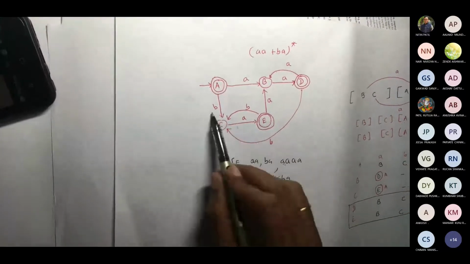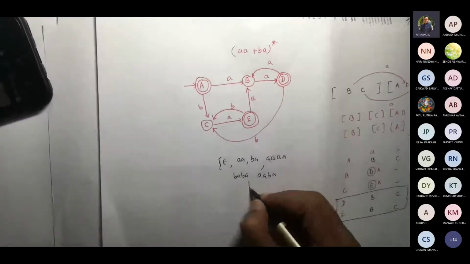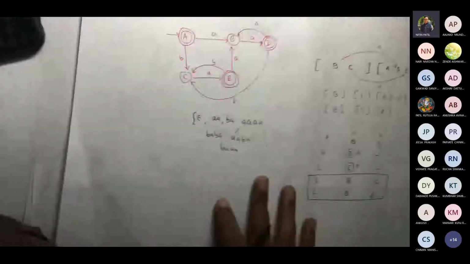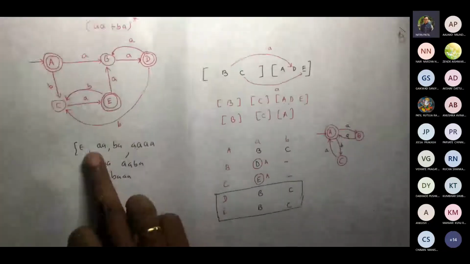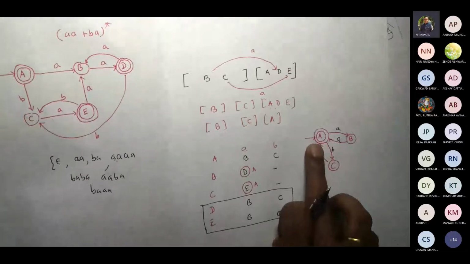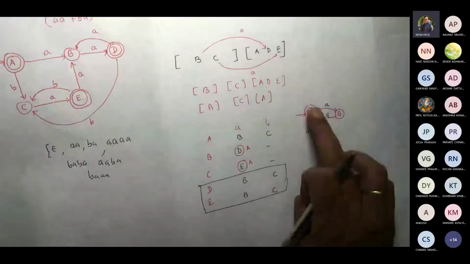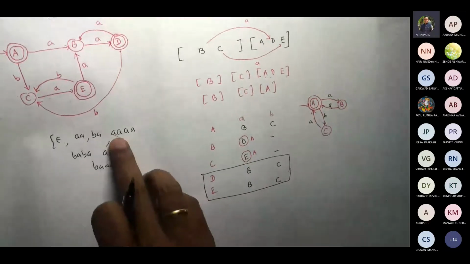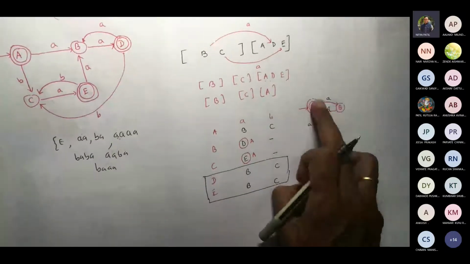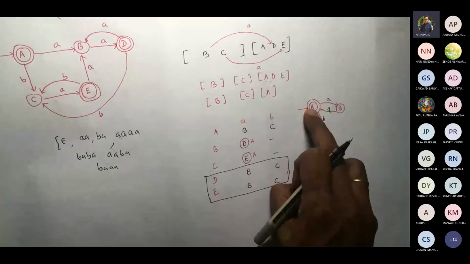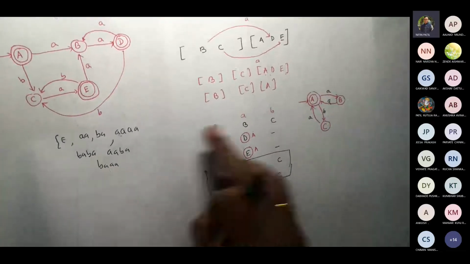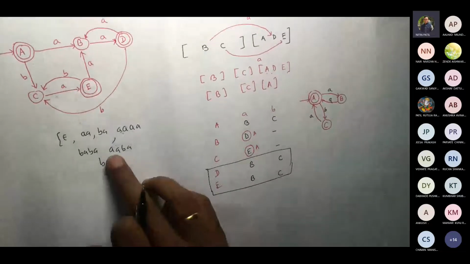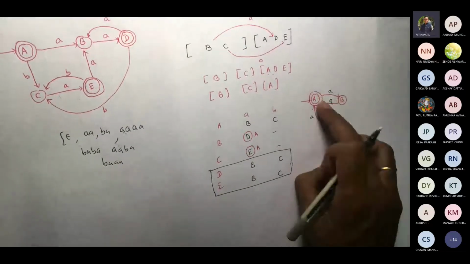Then B, A. Can you get those things from here? Yes. So let us see whether we are getting epsilon. Epsilon is done. A, B, A, four times A, so it is taking us to final, correct? Similarly B, A. Fine. Then A, B, A.